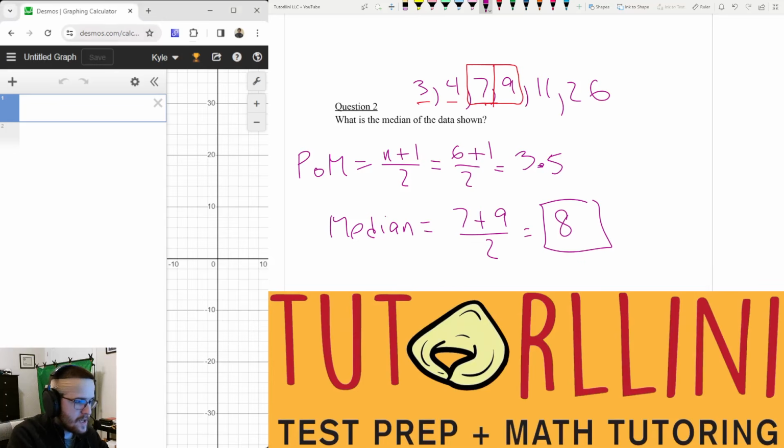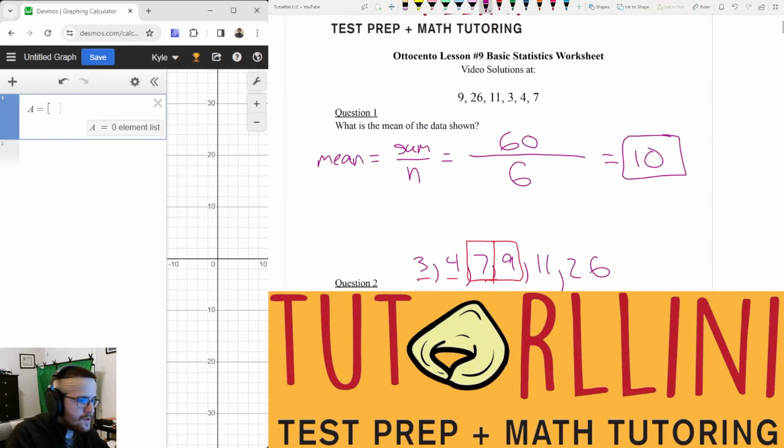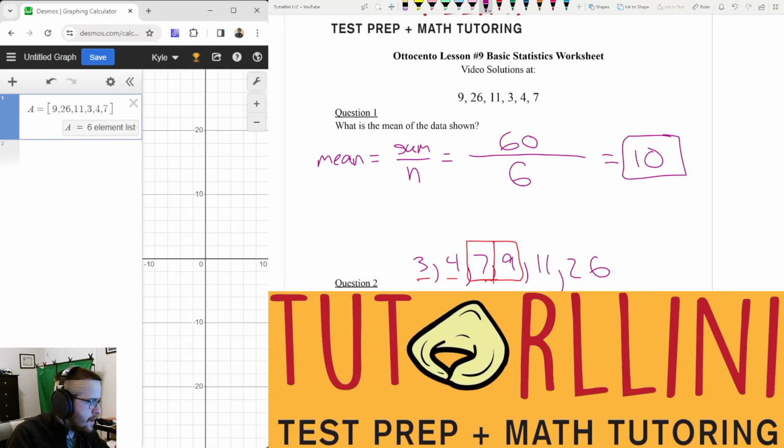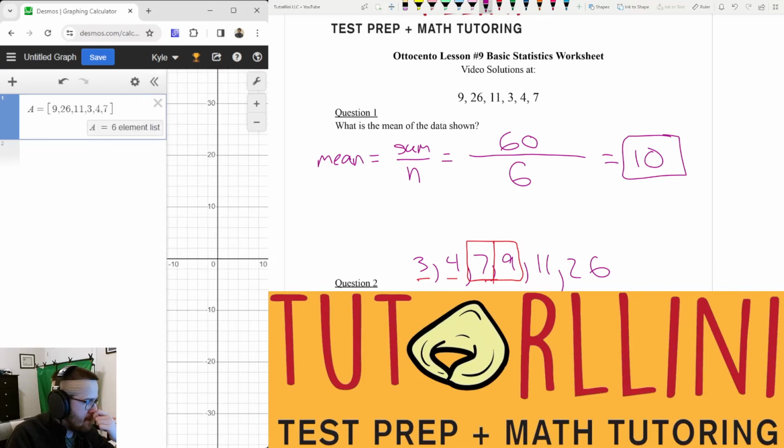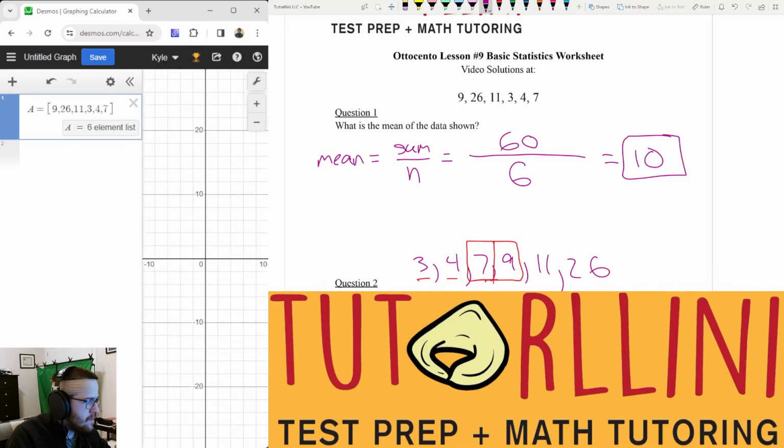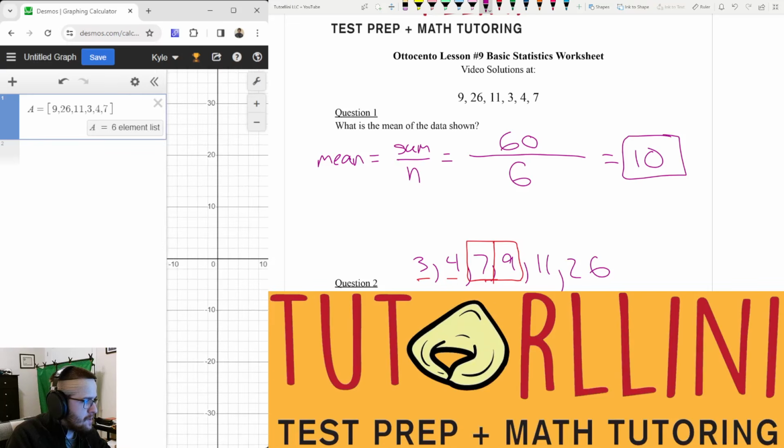All right, let's type it in as a list. A equals square bracket 9, 26, 11, 3, 4, 7. And if you guys didn't know, you can drag this and make the box wider to make it easier to see what you're typing. I can't do it that much because I have it set really weird.